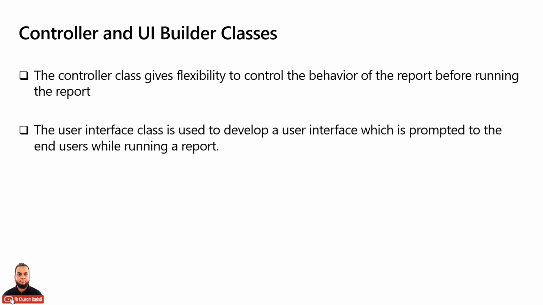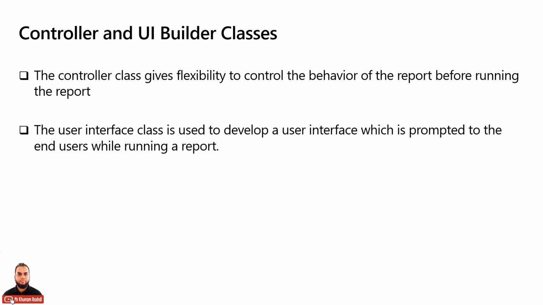For example, with a customer report, you may want to filter on customer account, so that we see only a specific customer or a specific customer group. In that case, in addition to the contract, we can use a user interface class.